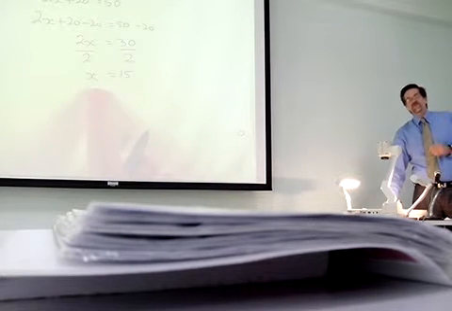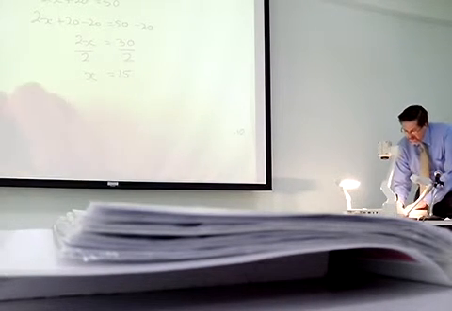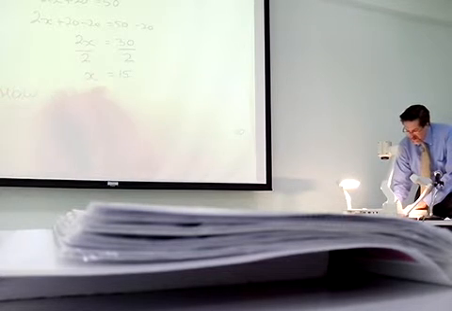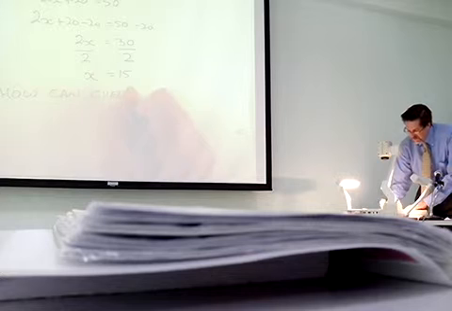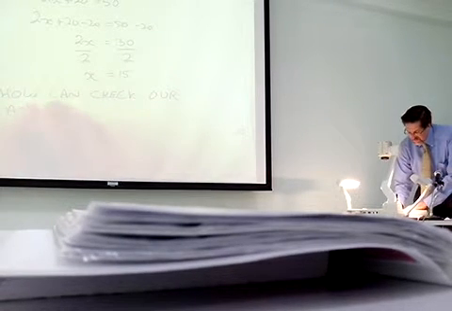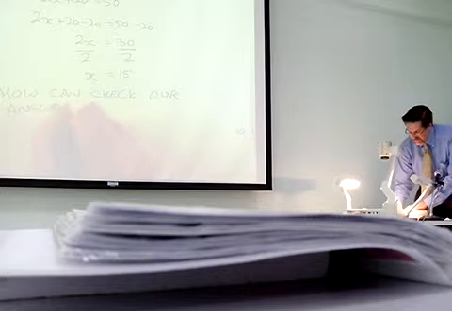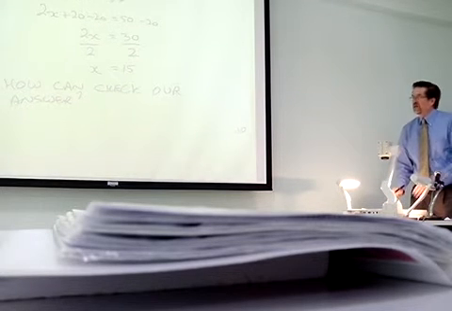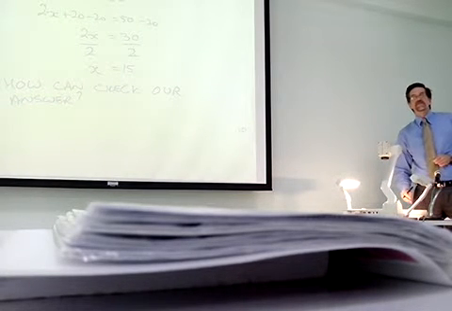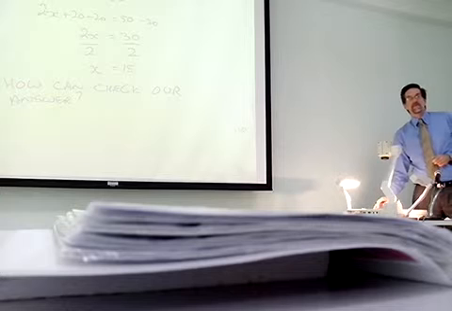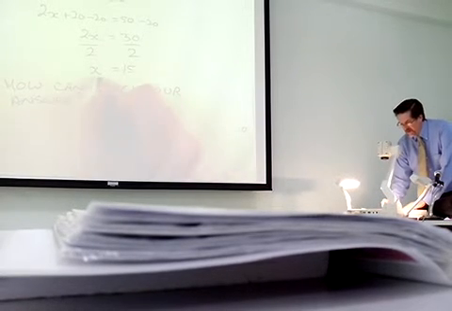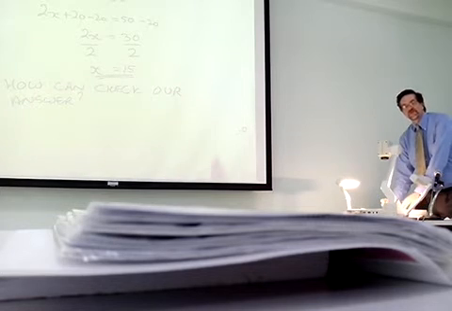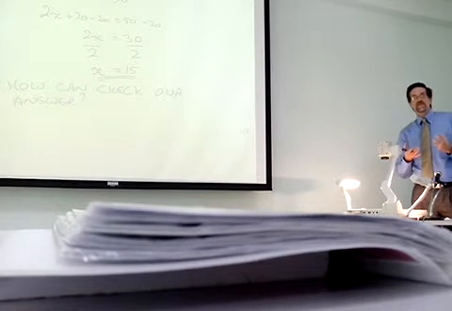When you solve, how can we check our answer? How can we check that our answer is correct? So our answer is x equals 15. That's what we think the answer is, right?